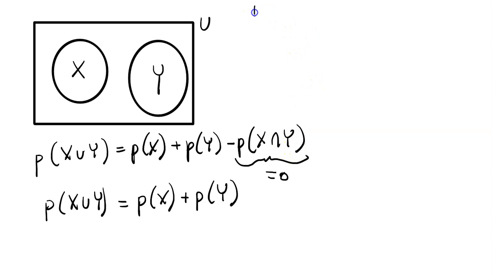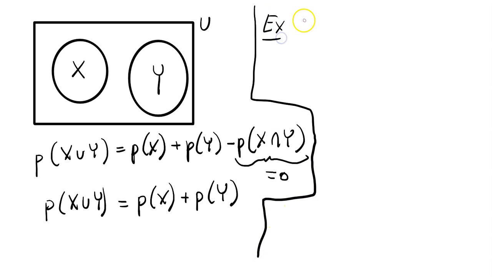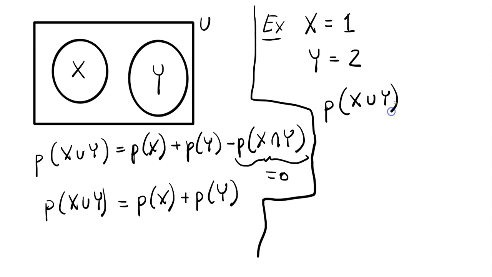So let's take an example of this. Let's say that x is a 1. That is, if we throw a die, we get a 1. And y is the event that we get 2 on the die. Okay, what is then the probability for x or y to happen?